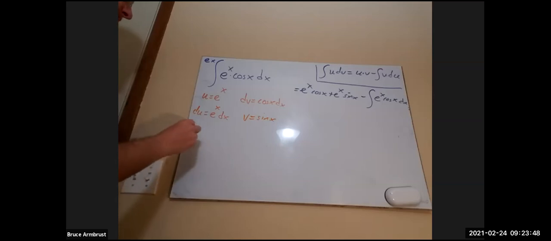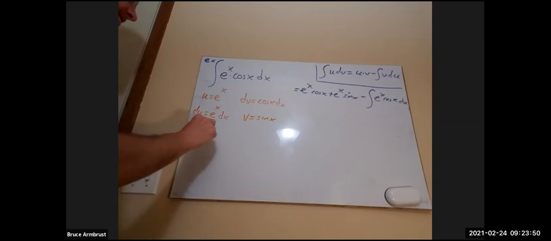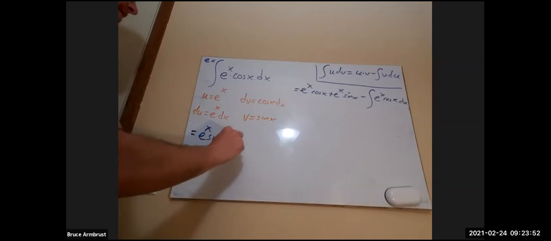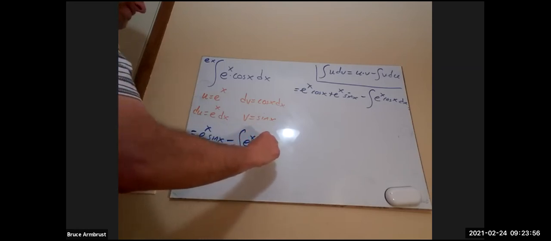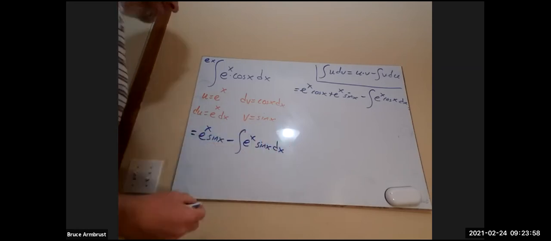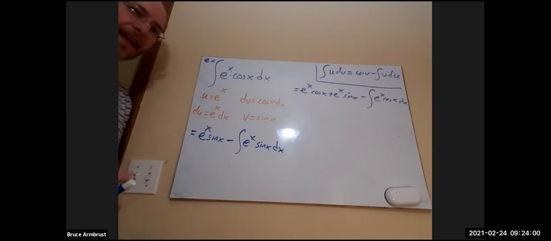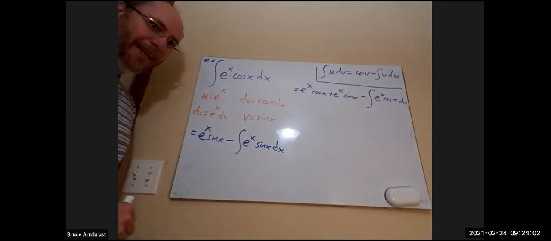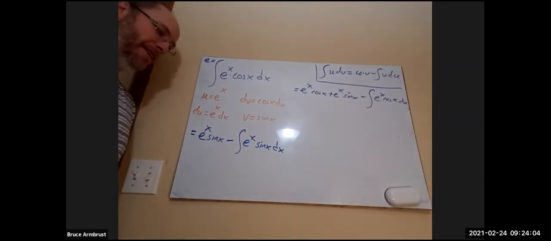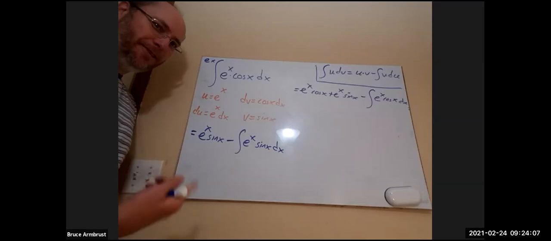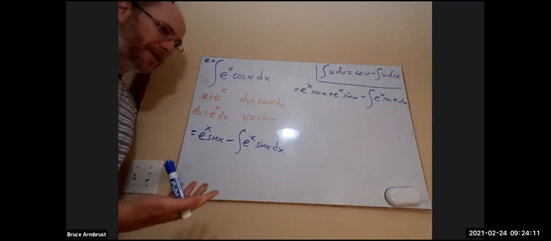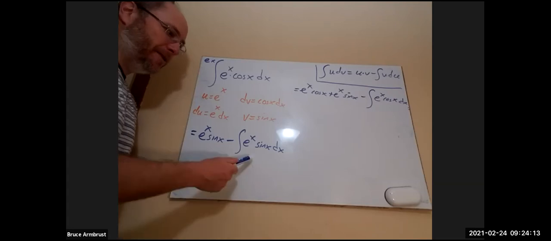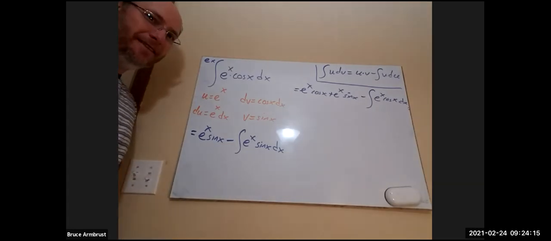So we get u times v, e to the x sine of x, minus the integral of v du, minus the integral of e to the x sine of x dx. And if it's starting to feel like Groundhog Day, it should. Because when we went with u equaling cosine, as prescribed by LIATE, we ended up with another integral of e to the x sine x.